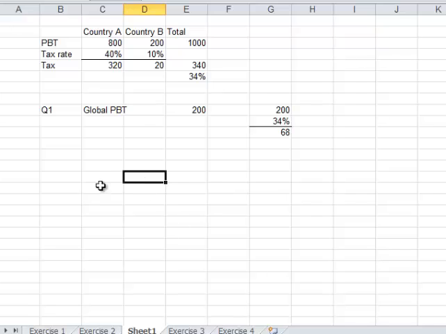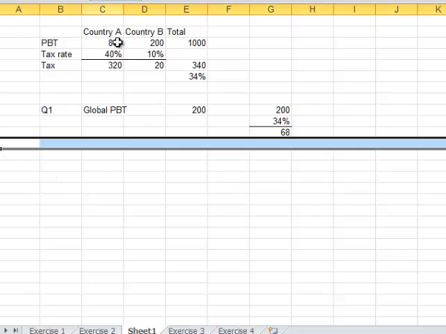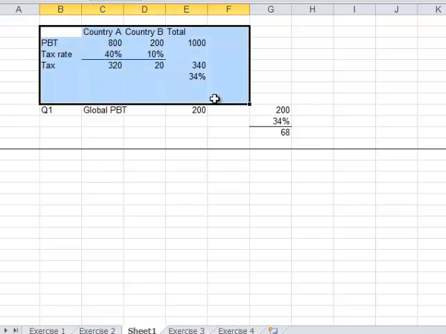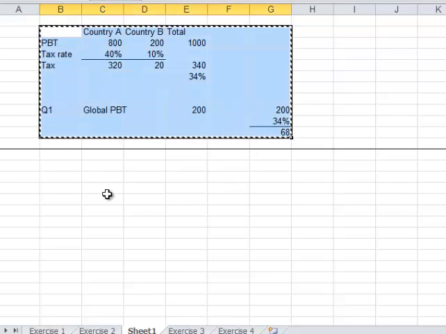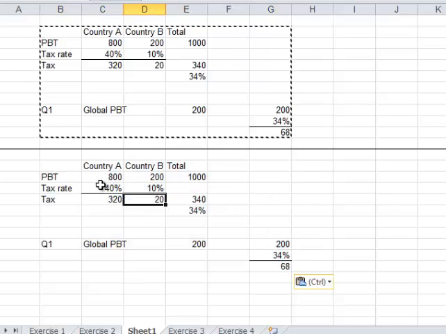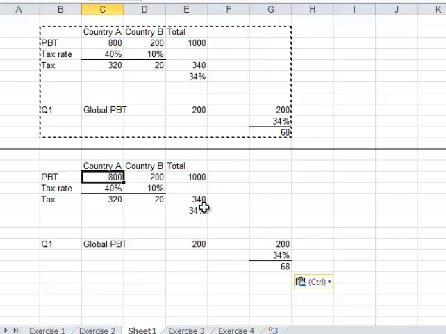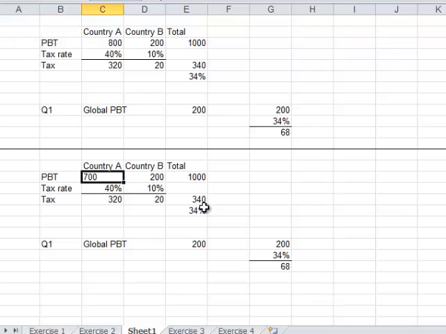Yeah. All right. So now let's say we go to Q2, and we're going to do this all again. And let's say now for the year, my profits have shifted a little bit. I'm going to make a little less money in country A and a little more in country B. So I'm still making 1,000 of annual profits, but my mix of income by jurisdiction has changed a little bit. Okay? And as a result, I have a 31% rate instead of a 34% rate.